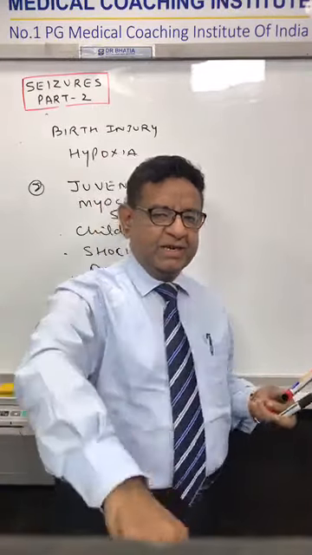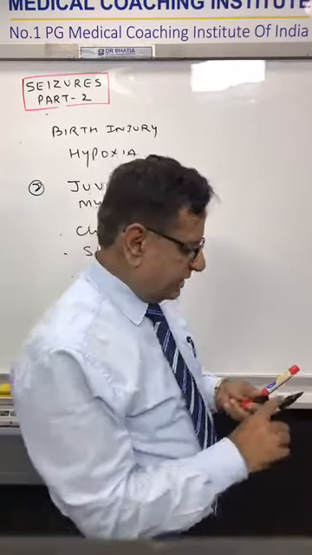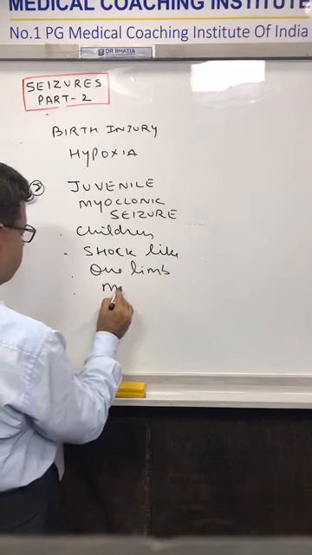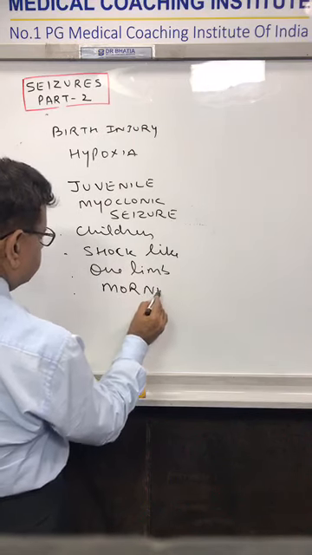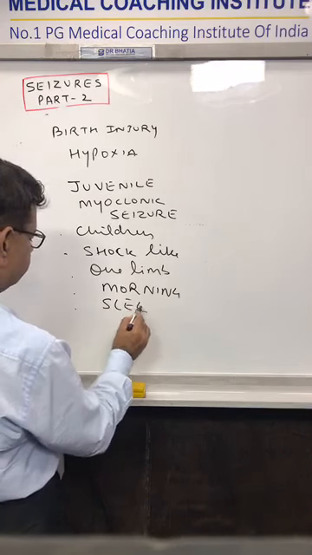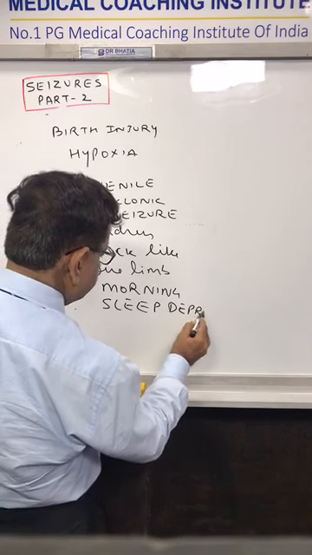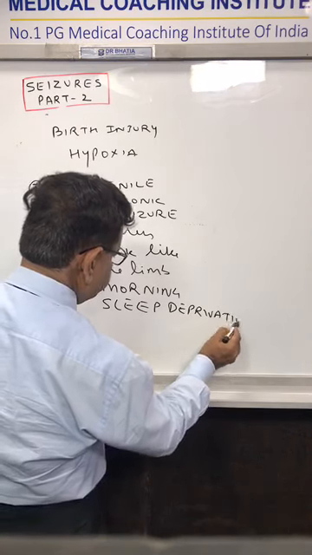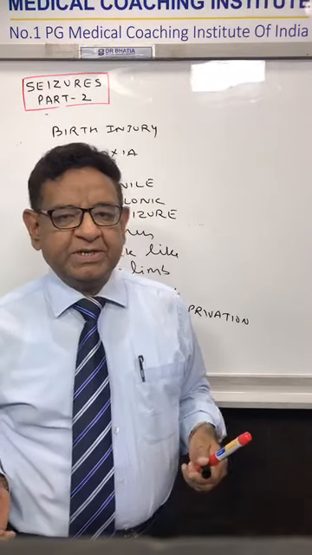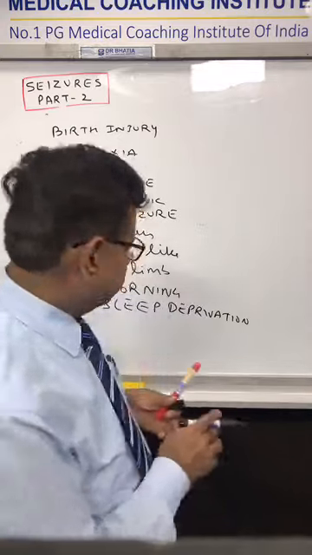It is just like a shock-like sensation, and it typically occurs when the patient gets up in the morning. Sleep deprivation is a very important precipitating factor, and these patients respond very well to valproate therapy.